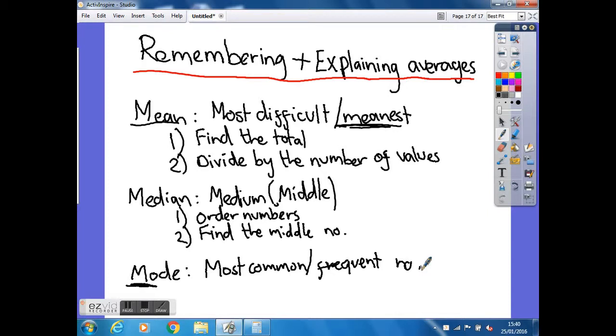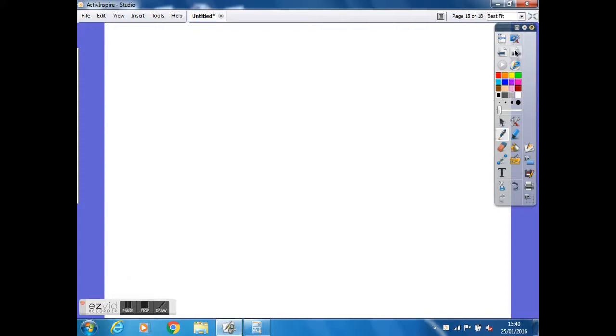So we're going to move on now to actually explaining the results of averages once you've already calculated some. So we'll look at if you've had to find the mean average for a set of values in a previous question. So what we're going to say is, in a quiz or a test score, John, over a number of weeks, his mean average was worked out as 75, let's say, out of 100.